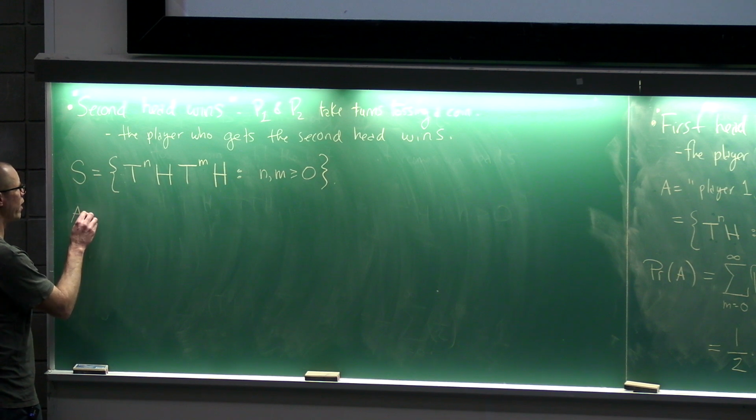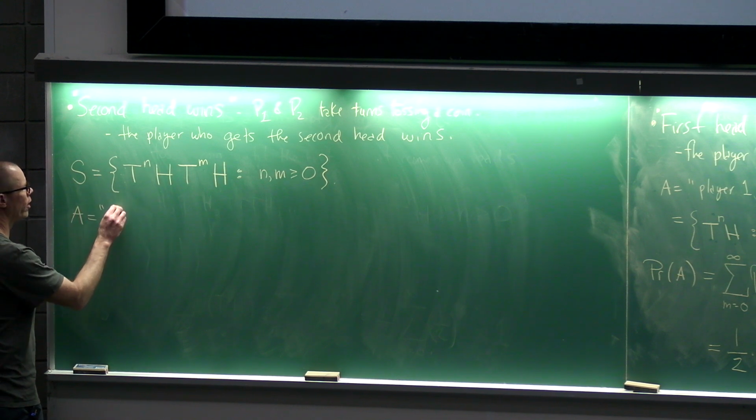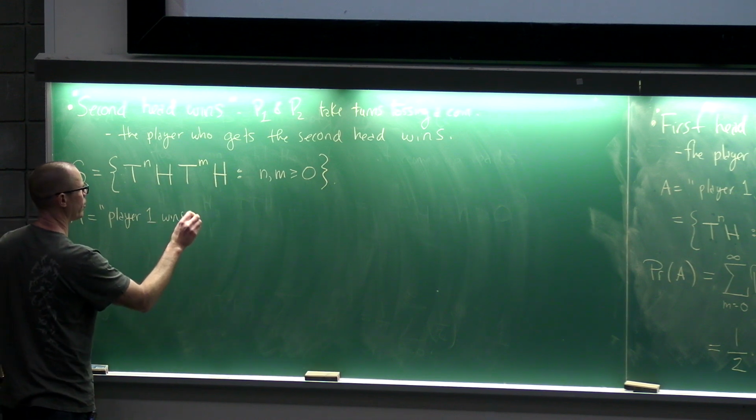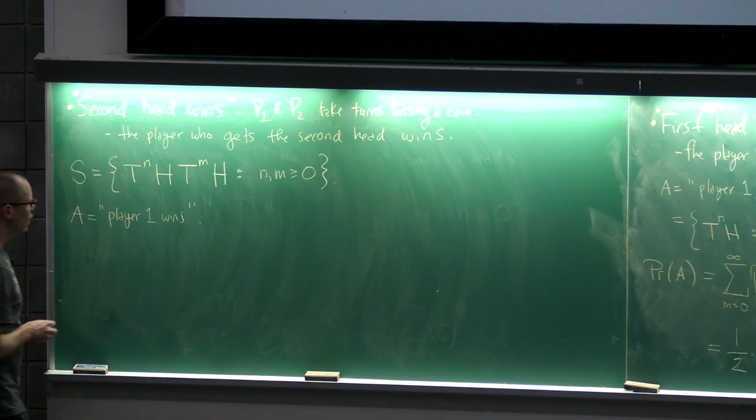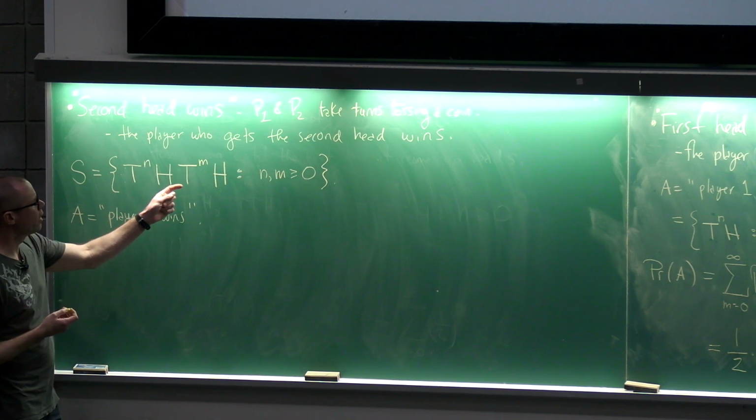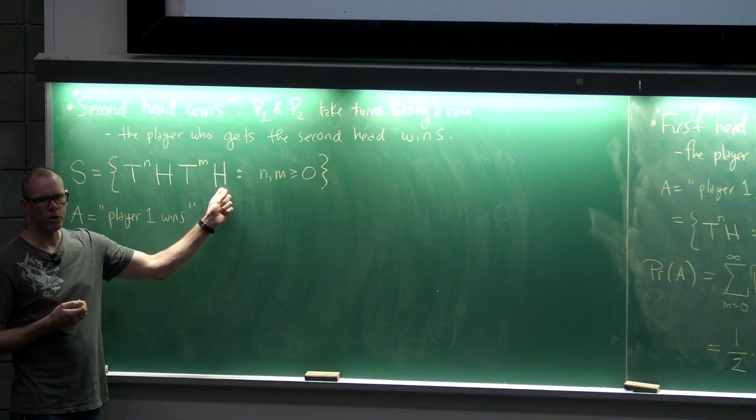And so let's look at the event A, player 1 wins. Okay, so for player 1 to win, what do those look like? So there were some tails, a head, some tails, and now the coin is supposed to be in player 1's hand.